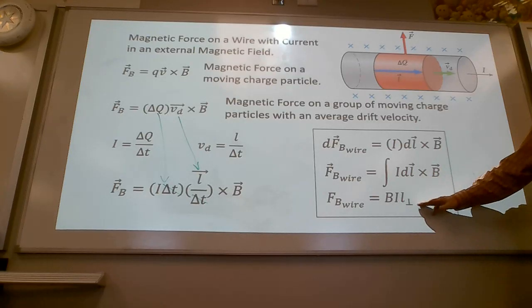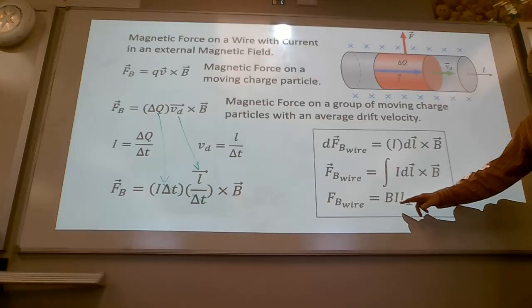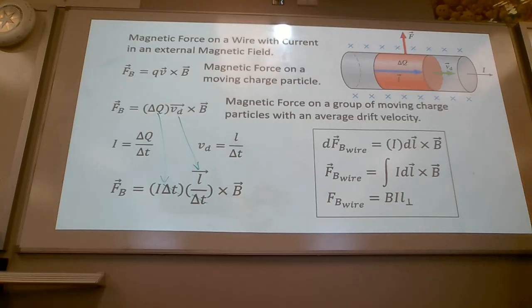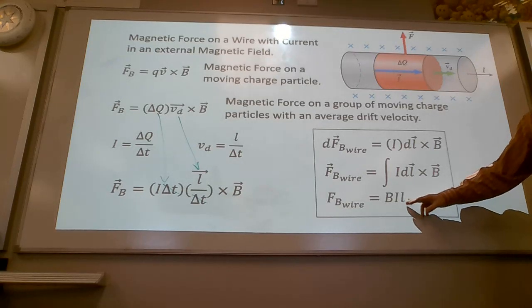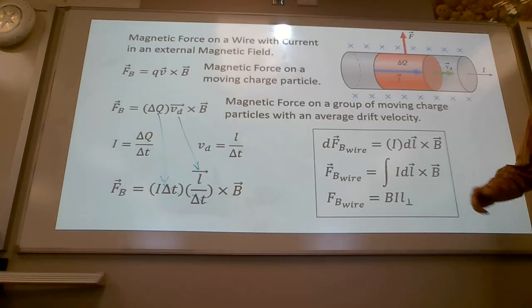It's just magnetic field times the length that's perpendicular, or you could look at the current or the length that's perpendicular to the magnetic field. Okay? Good with that?